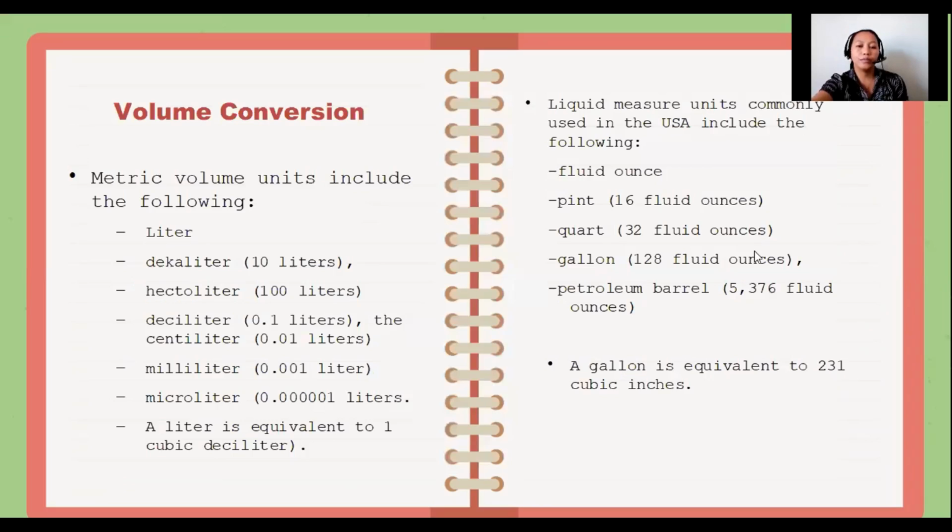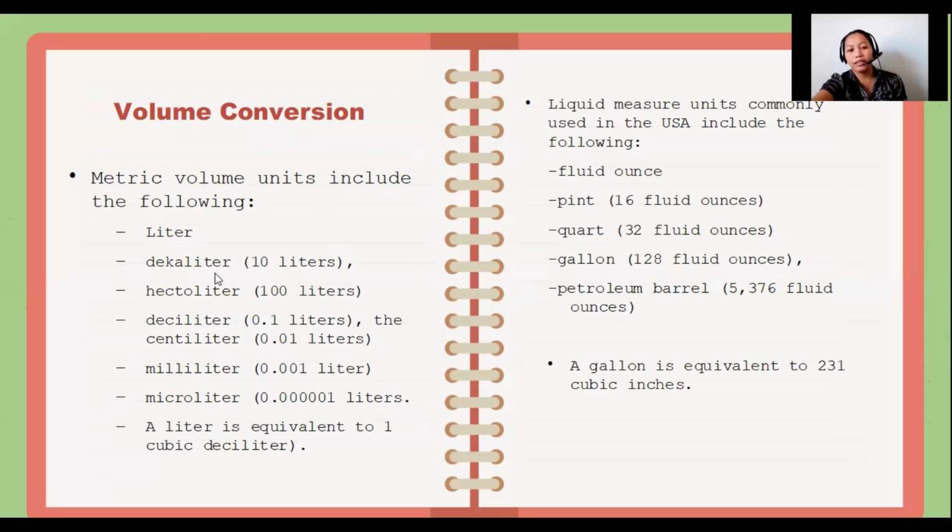Okay, so for the volume conversion, metric volume units include the liter, decaliter, hectoliter, deciliter, centiliter, milliliter, microliter, and a liter. So deca means 10, hecto means 100, deci means tenths, centi means hundredths, milli means thousandths, micro means millionths.